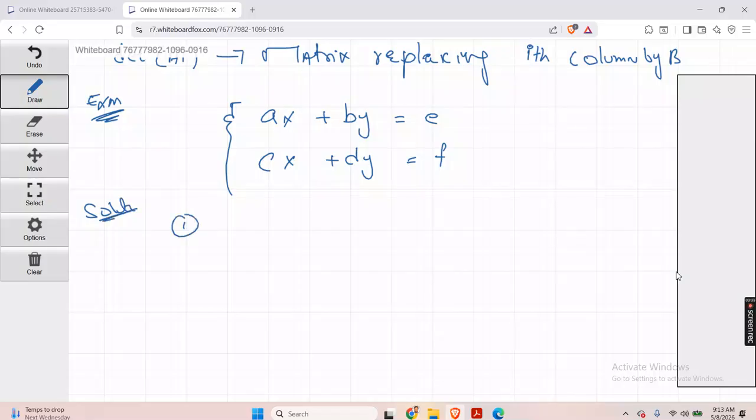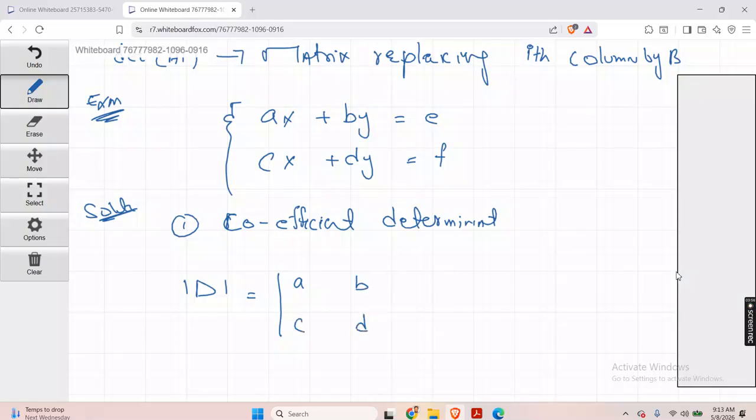Solution, your first step will be the coefficient determinant, let's say D is equal to, we have a, b, c, d. So ad minus bc. Here you will get one determinant.